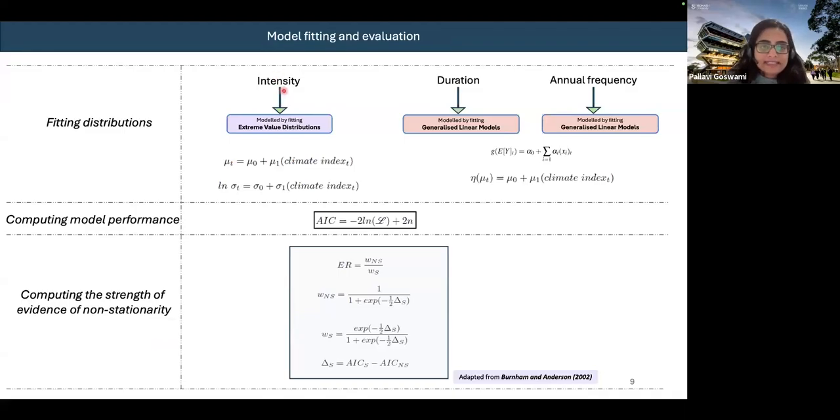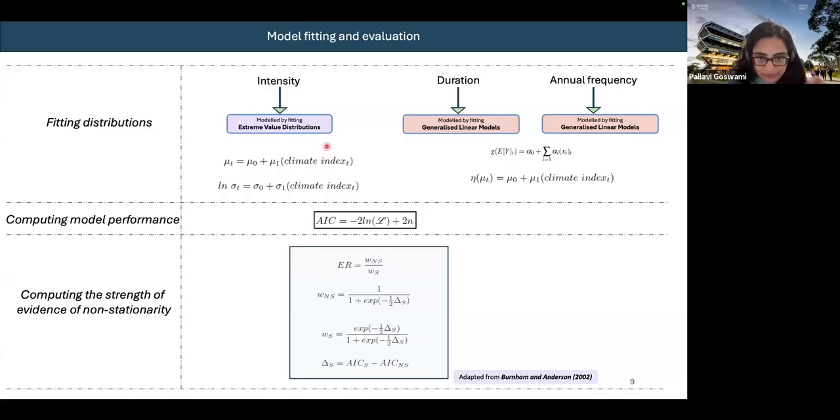Intensity is an extreme value, so I'm trying to fit an extreme value distribution. Because I'm trying to do non-stationary modeling, the parameter of the distribution would not be a constant value. Instead, it would be a function of the climate index that I'm using. So you allow the parameters of the distribution to change with time.